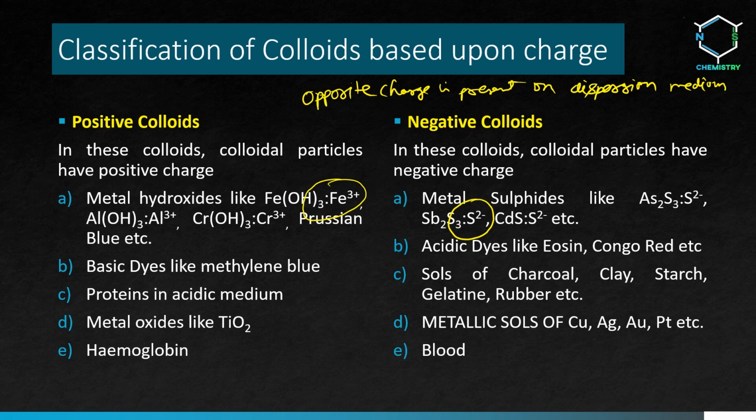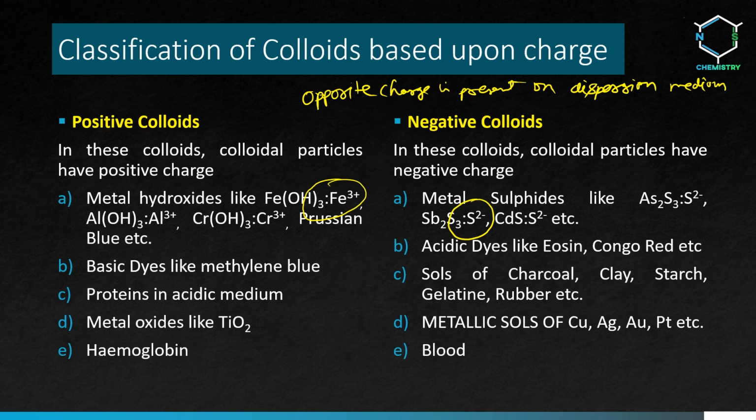One very important point here is blood. Blood is a colloid in which RBCs, that is red blood cells, have negative charge, and inside the RBCs there is hemoglobin, which has positive charge. So both of them are colloids but have different charges.